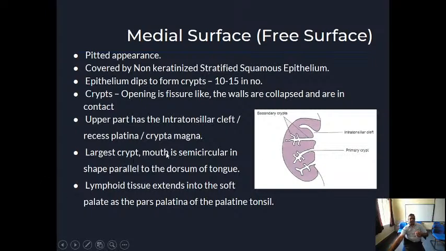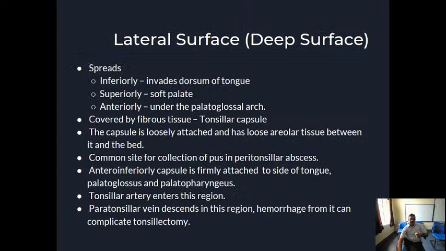And the largest crypt is called crypta magna. So these are the crypts that are there, lined by stratified squamous epithelium, non-keratinized. That is the medial surface of the tonsil.